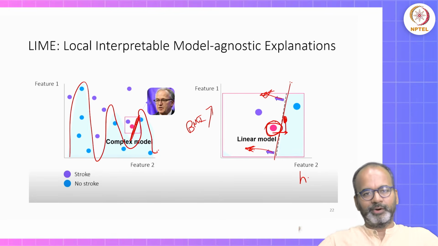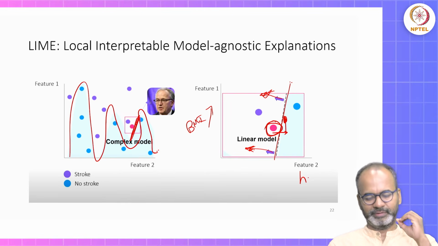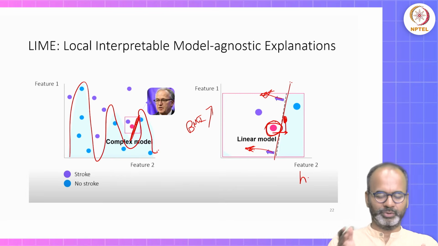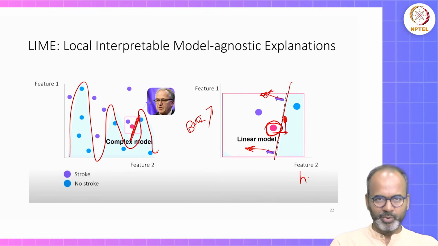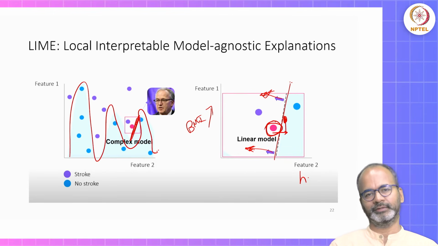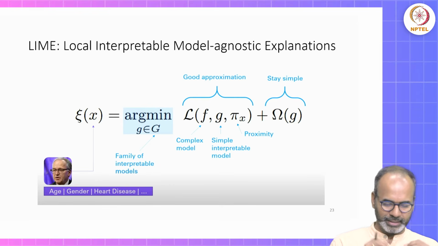We can create a lot of data like this. So the first step is to decide a simple model compared to the complex model that is already there, and then work with this simple model locally to classify the patient into stroke or no stroke. That's exactly what this mathematical formulation helps us with.